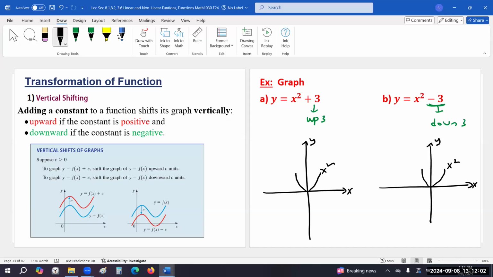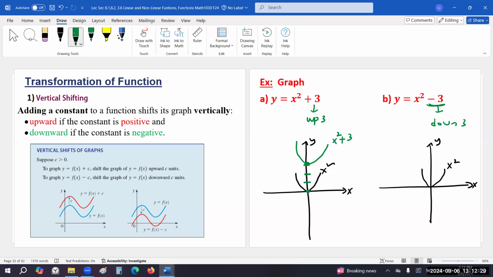Now for the left one, we are shifting this parabola, same shape, just 3 units up. So 1, 2, 3 units up. We are moving this 0 from 0 to 3 units up. And we are drawing the same parabola. x squared plus 3.